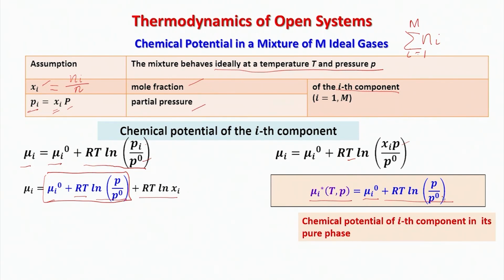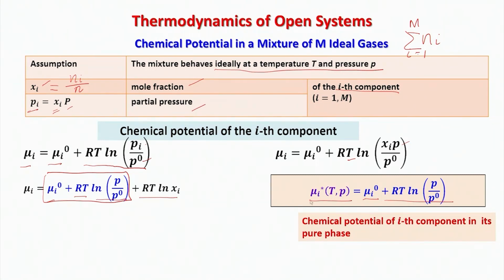The answer is yes. If the ith component was present only as a pure phase, I mean if I only had the pure ith component at a temperature T and pressure P, in that case the chemical potential of this gas at that temperature and pressure would be given by this.